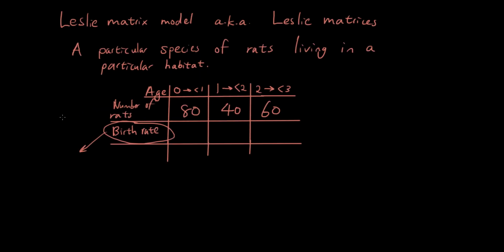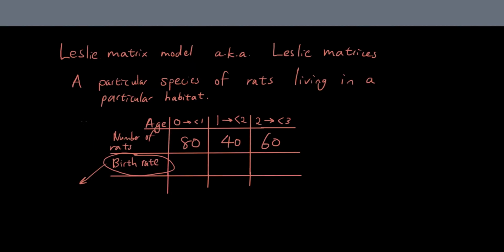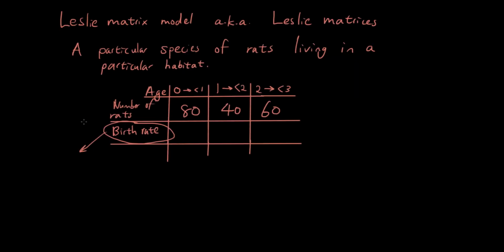Now, one very important thing that I forgot to mention is that the Leslie matrix model can only be used to model female populations. That is because it relies on the birth rate of each single female in the population, or each single unit in the population.